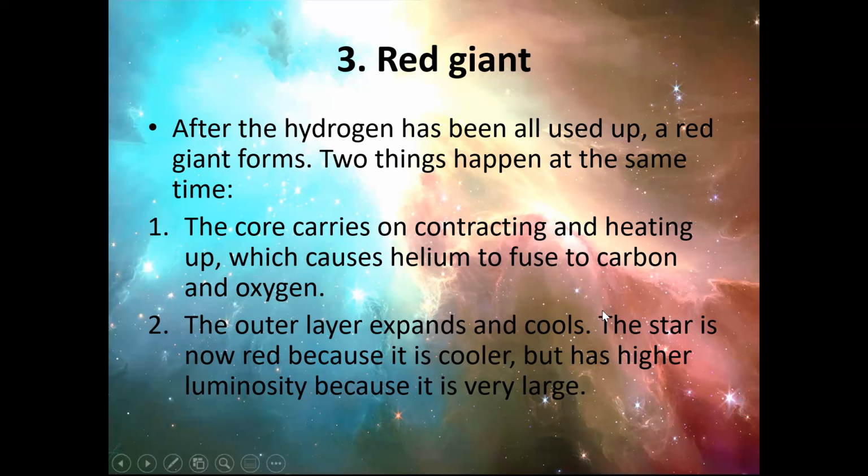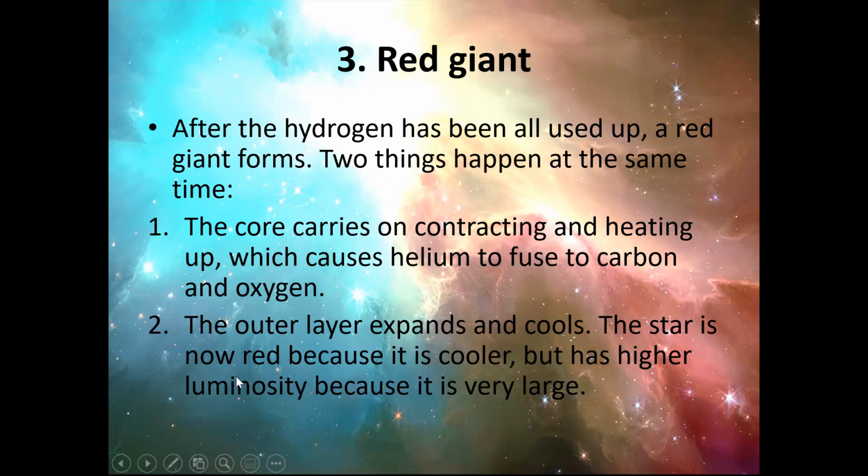Now, at this point, you may need to go back and look at the color of the stars. Remember, blue means that it is hot, and red means that it is cold. It's a little bit different to the colors of a tap, for example. So the luminosity itself is very, very large.